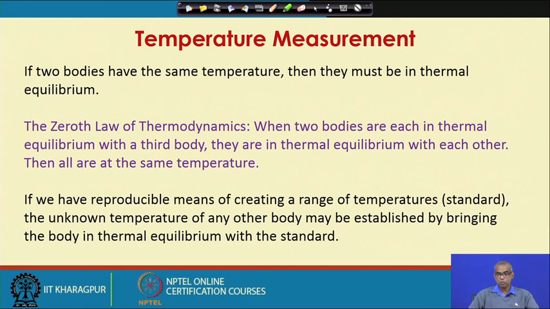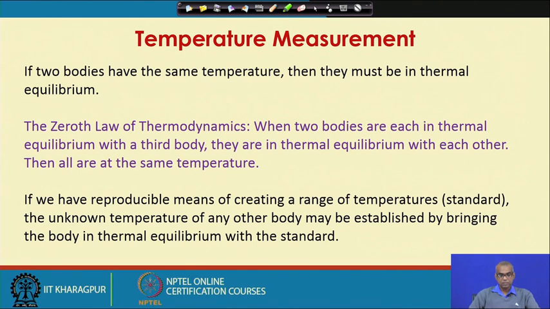If we have reproducible means of creating a range of temperatures, let us call them standard, the unknown temperature of any other body may be established by bringing this body in thermal equilibrium with the standard. So, this is the basic principle of temperature measurement.